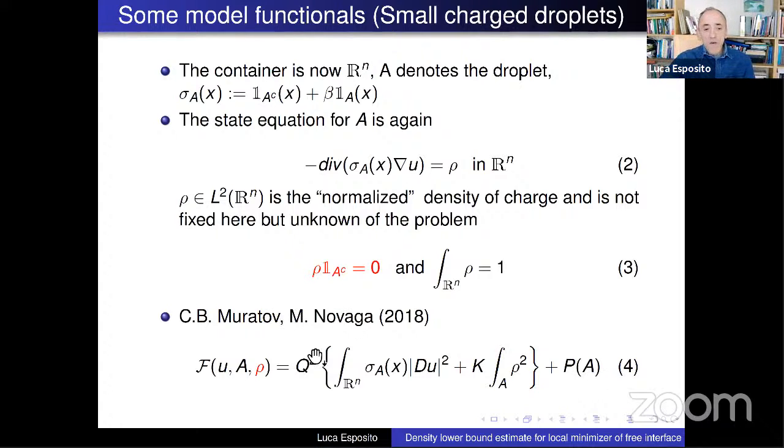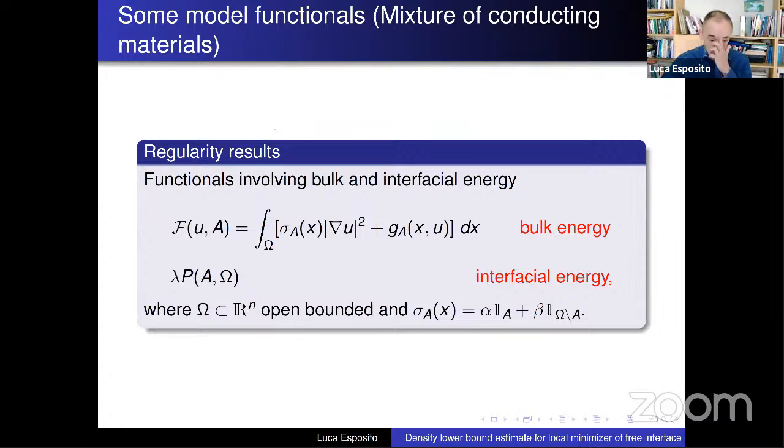Muratov and Novaga introduced this functional to model charged droplets, and they proved that for small Q, the shape of the charged droplet is spherical. Okay, but let's go back to the problem of the two materials. I will think about that in the future. So this is the functional.